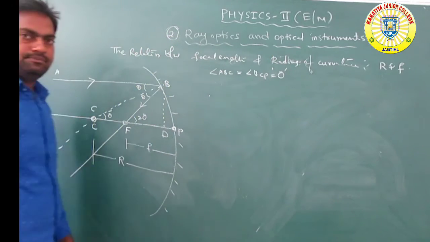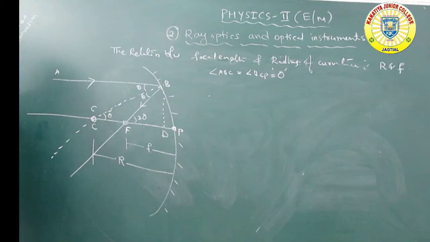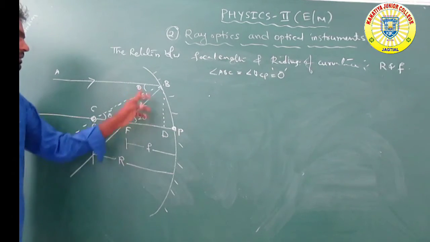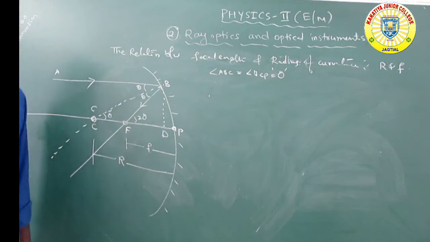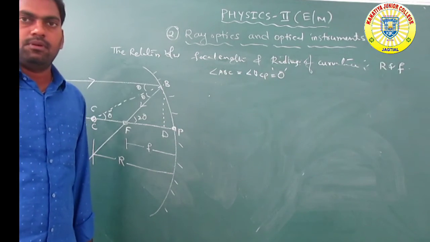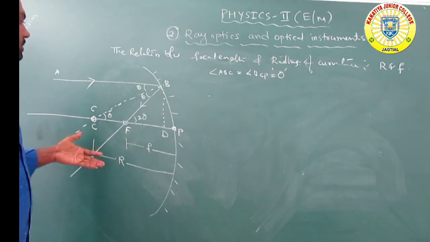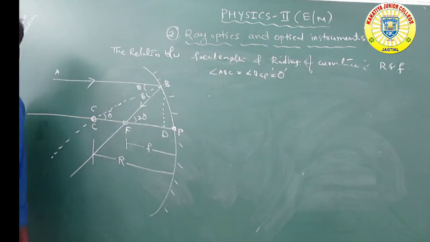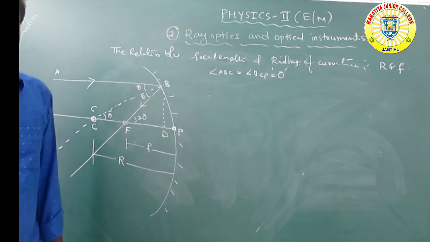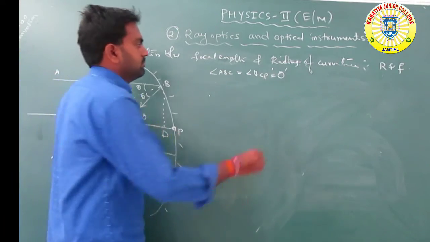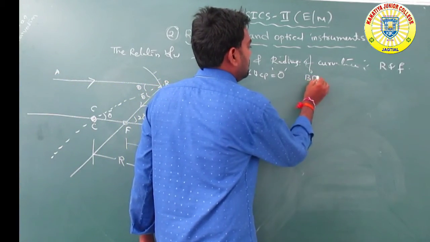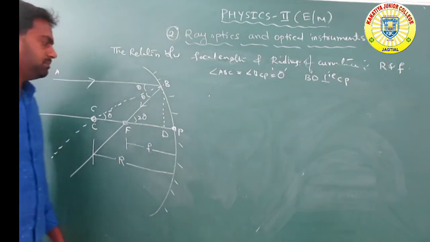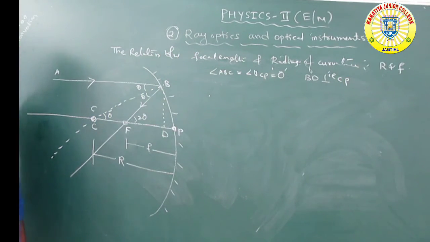CP is perpendicular to the lens, or normal to the lens. Now we take the line BD. BD is perpendicular to CP, so we can draw this as a 90 degree triangle.